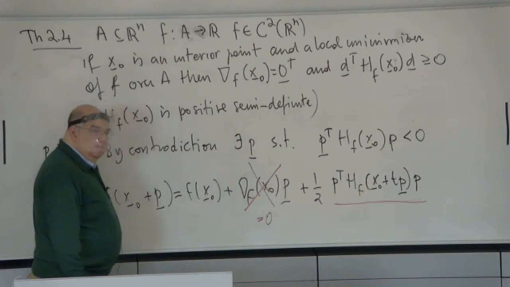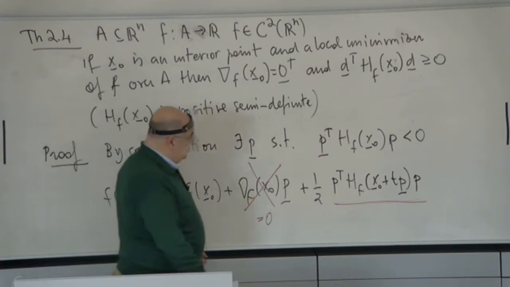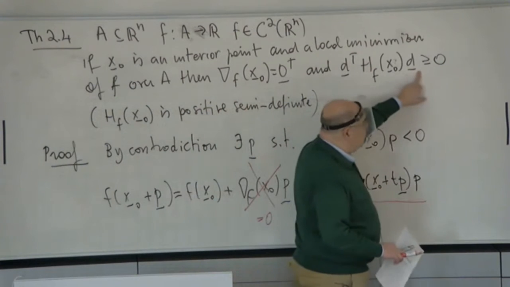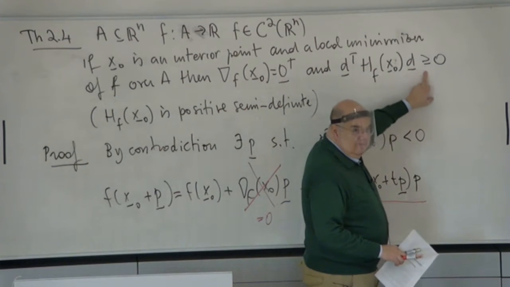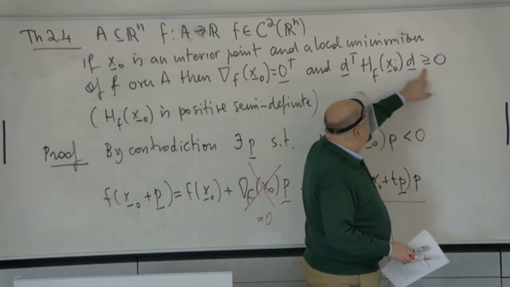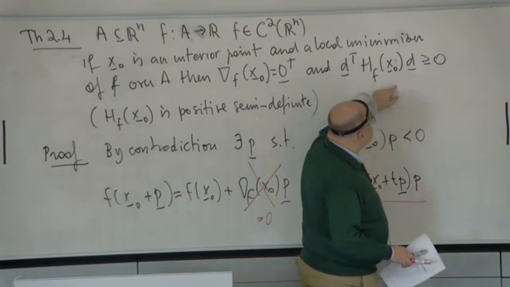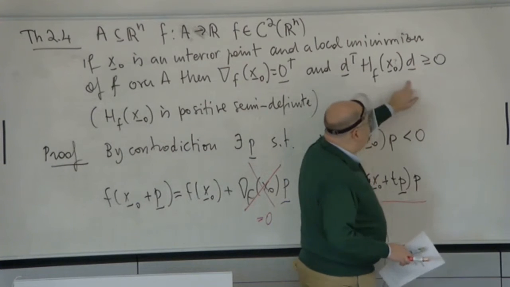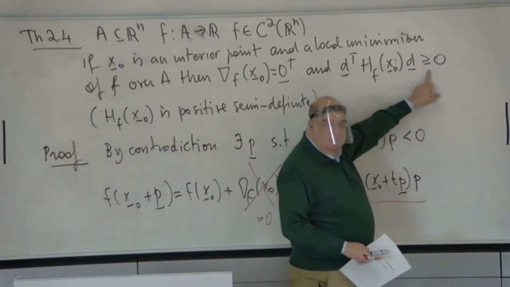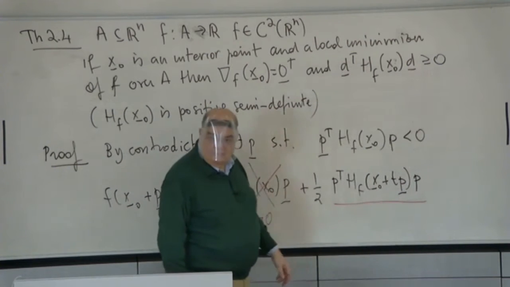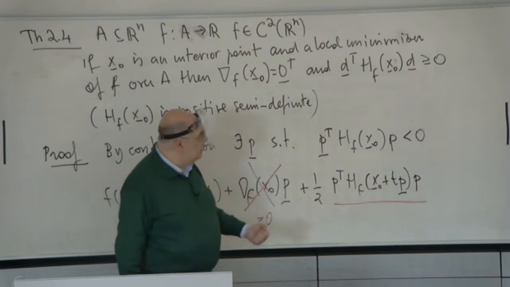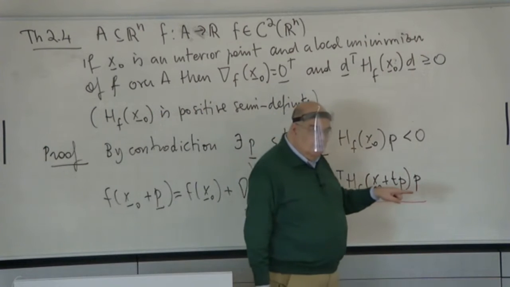But of course, we have a sufficient condition. Essentially, the sufficient condition that works is that the quadratic form here is positive definite. Because when it is positive definite, then you can go the other way.